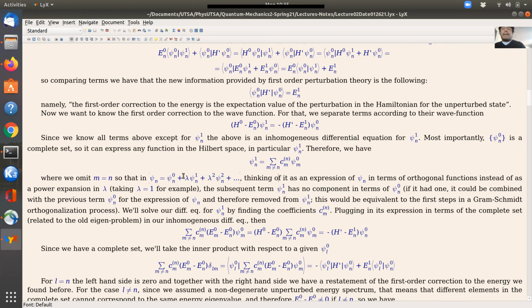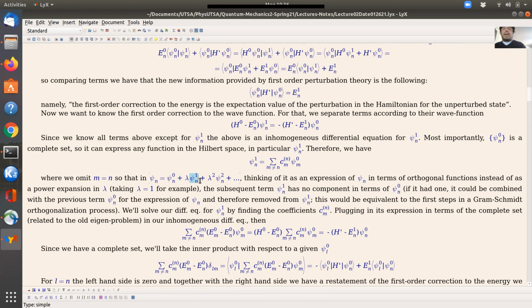And so basically you're getting an expression of the new wave function in terms of orthogonal functions. Let's say, for example, take lambda equal to 1. You don't want to put into this new term all the information which would represent the previous term, because you already know that this wave function has a component in psi 0n. So you would like to exclude it, because that term is taking charge of the component along psi 0n.